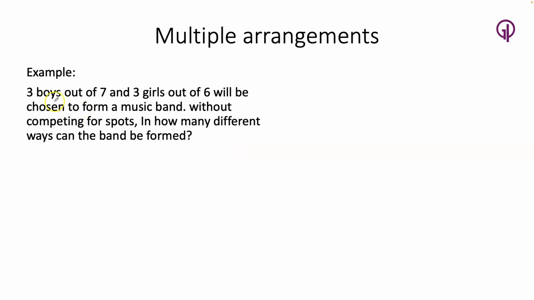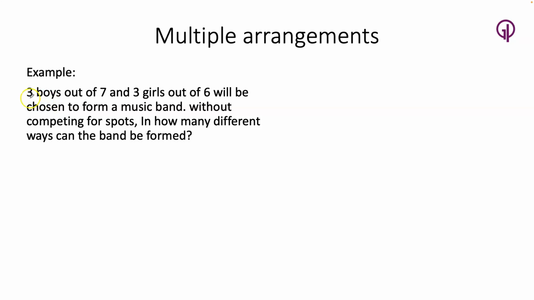It says 3 boys out of 7 and 3 girls out of 6 will be chosen to form a music band without competing for spots. In how many different ways can the band be formed?